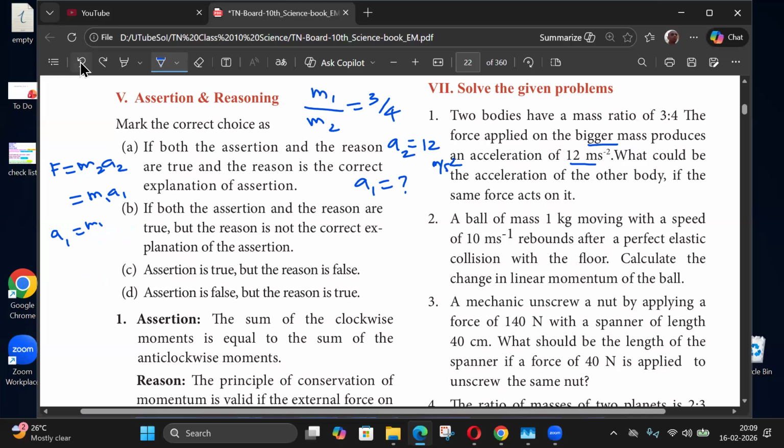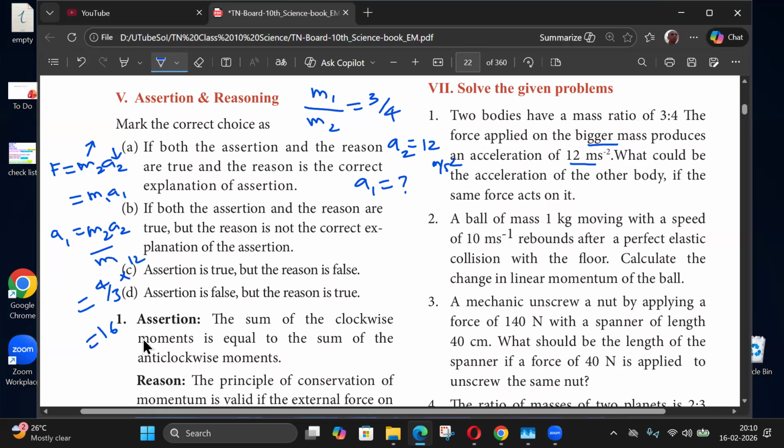A1 is M2 A2 by M1. M2 by M1 is 4 by 3, into A2 is 12. It's correct, 16. Same force, if mass is more, acceleration will be less. M2 is more, so A1 should be more than A2. So it should be more than 12 and it is 16. Is it clear? Yes, sir.